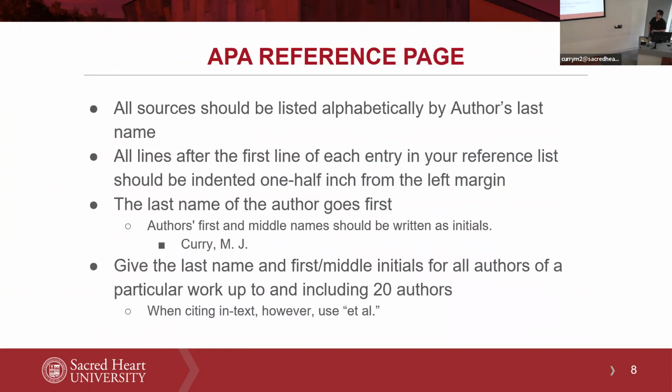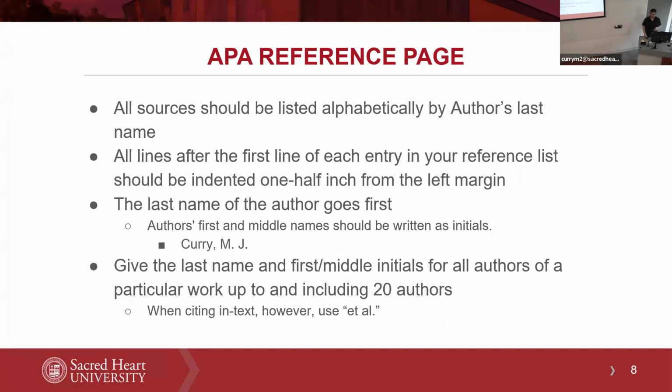All right, let's move on to how APA tackles reference pages. And again, like with MLA, a lot of similarities, but one thing that makes APA stand out from a lot of other citation formats is if you have up to 20 authors in a single source, you basically have to list all of those authors.